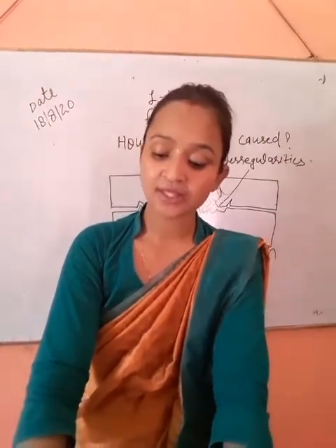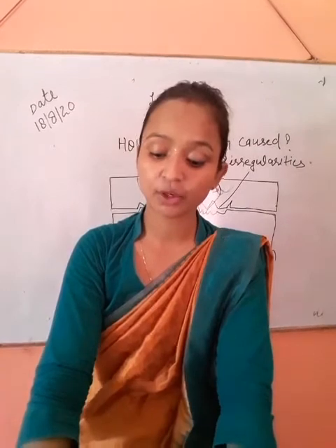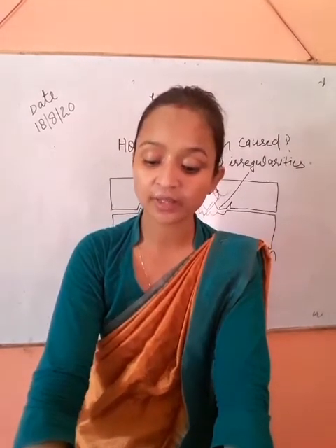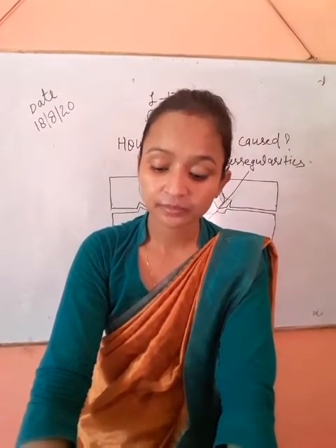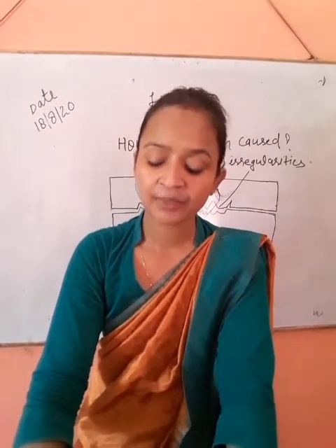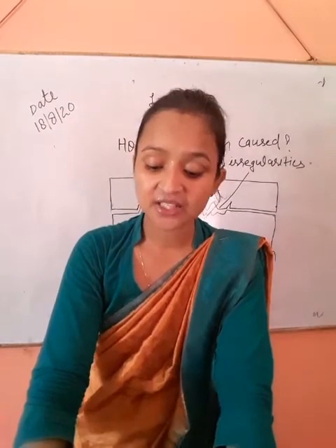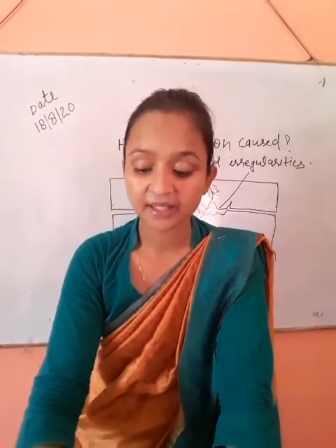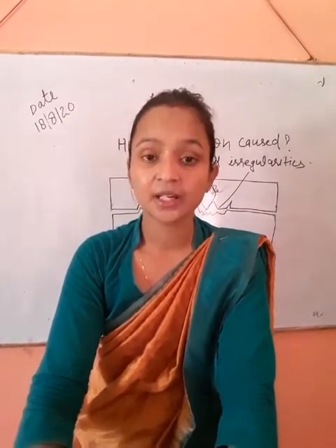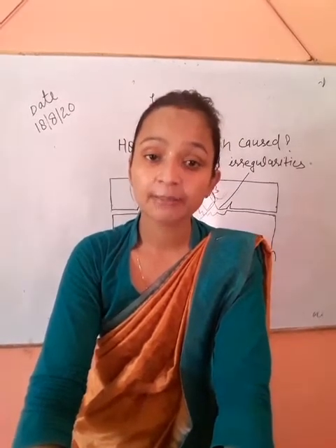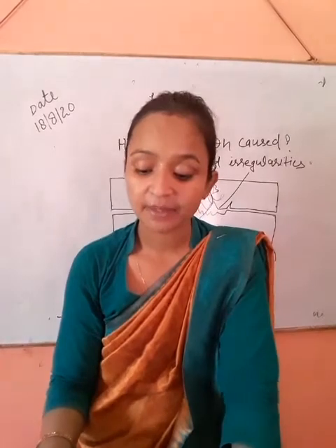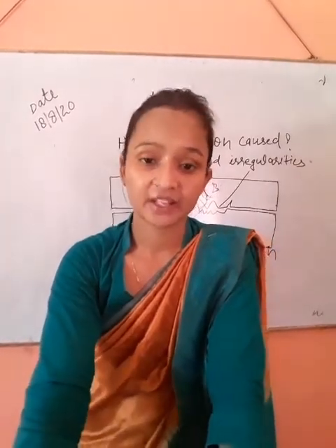It is further noticed that if we apply the pull on the wooden block in such a way that it gently slides over the tabletop, then the spring balance records a lesser force than the limiting friction. This lesser force, which keeps the wooden block just sliding on the tabletop, is called dynamic friction or sliding friction.